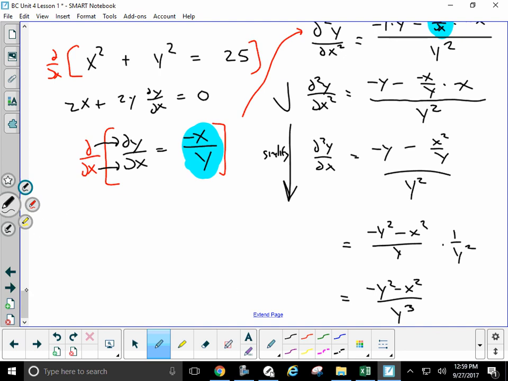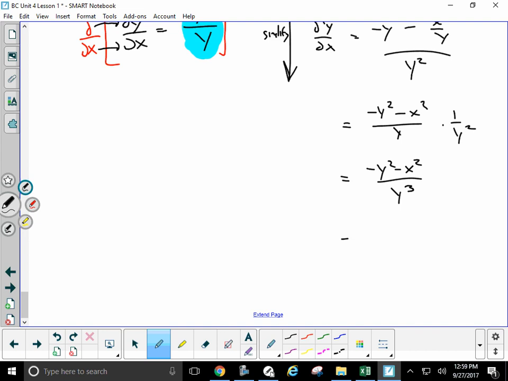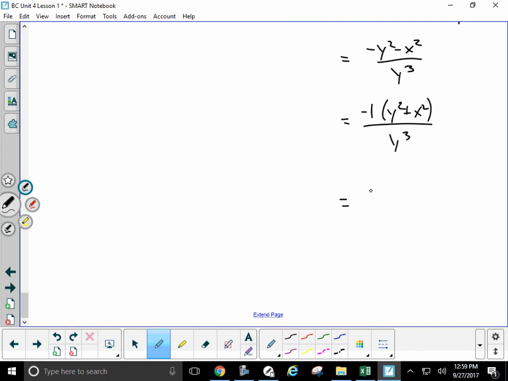And then I'm going to go ahead and factor out a negative 1. Y squared plus x squared over y cubed. And then I'm going to go ahead and put 25. Yep, that's it. 25.